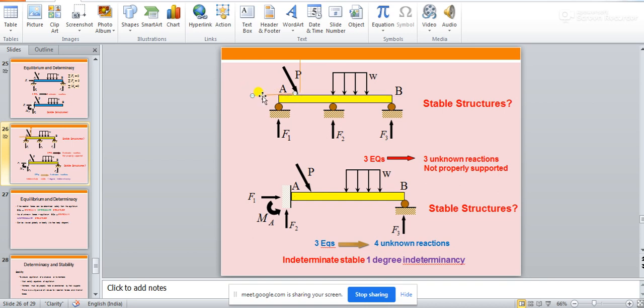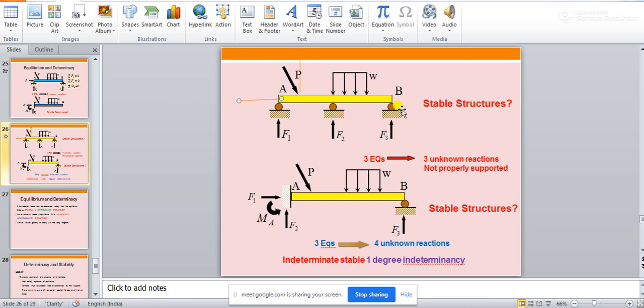It cannot, because if there were a pin over here, it could have taken that horizontal reaction, right? But there is no pin, so what will happen? This beam will start rolling, isn't it? There will be a push coming to this beam like this. So if there is a push, then this roller will start moving.